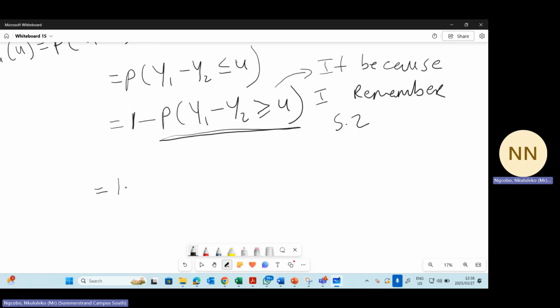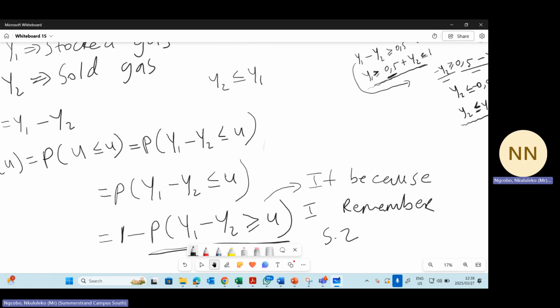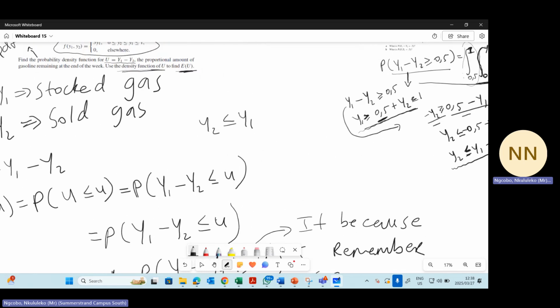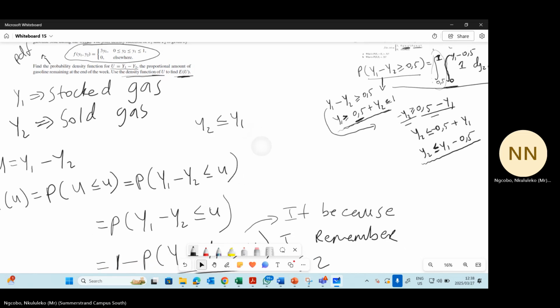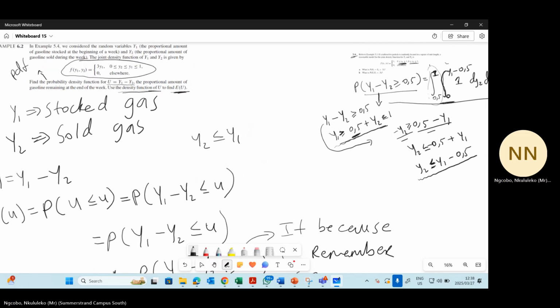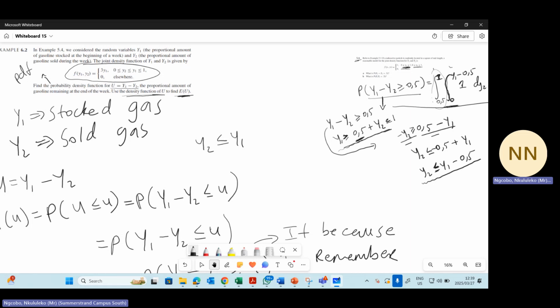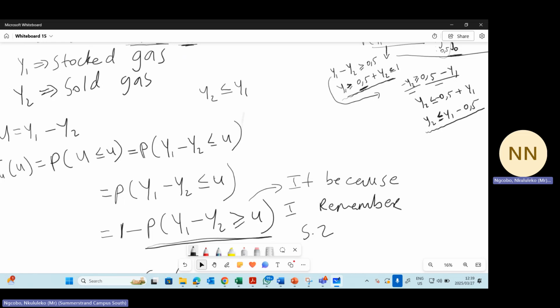It means that this is just 1 minus the double integration from u up until where? You're being told here that y1 is greater or equals to y2, but greater or equals to 0, but less than or equals to 1, right?